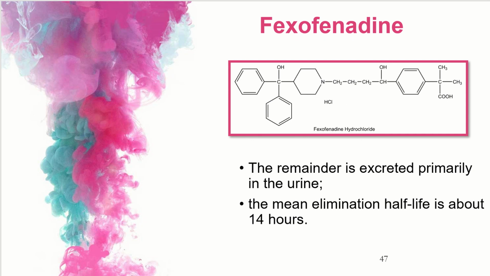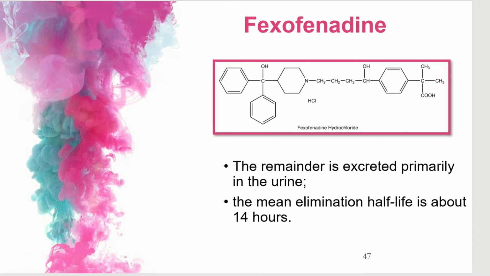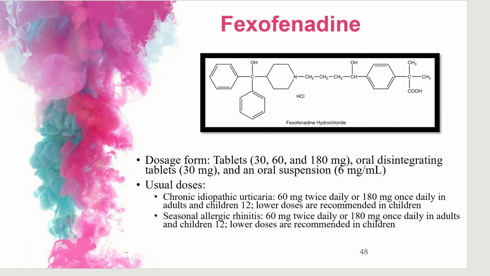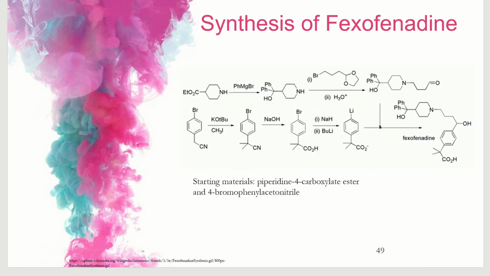So the mean elimination half-life is about 14 hours. The dosage forms are tablets, oral disintegrating tablets, and oral suspension, and the doses vary from 60 milligram twice daily or 180 milligram once daily in adults and children 12 or older.